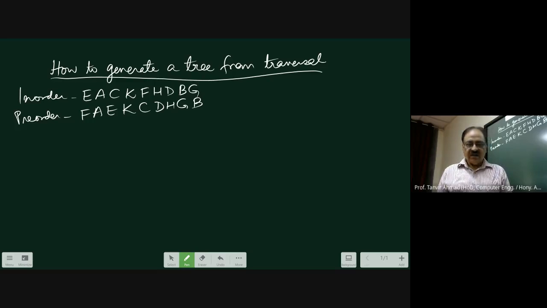tree. Now, in the question, there can be two types of questions.